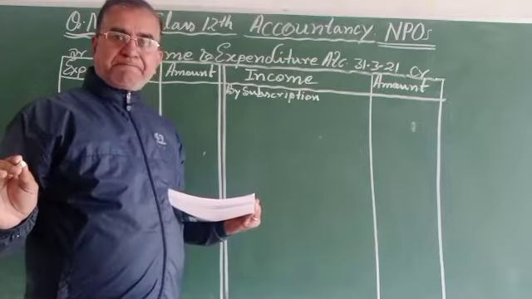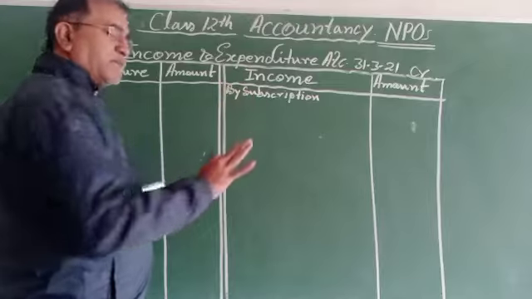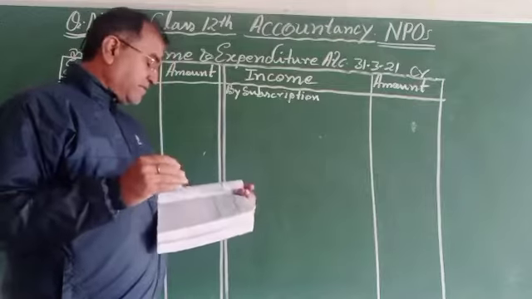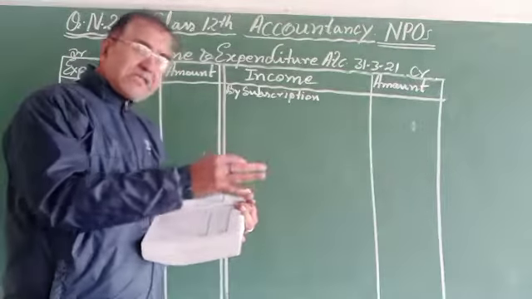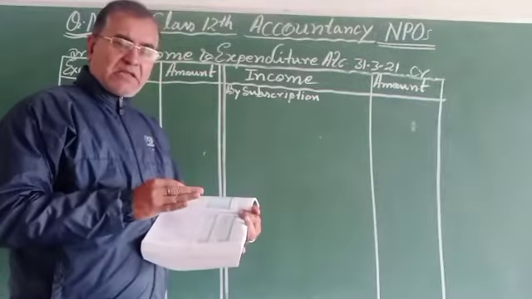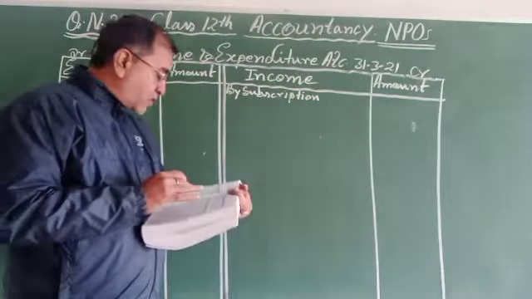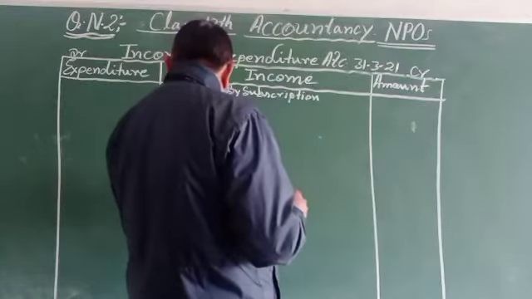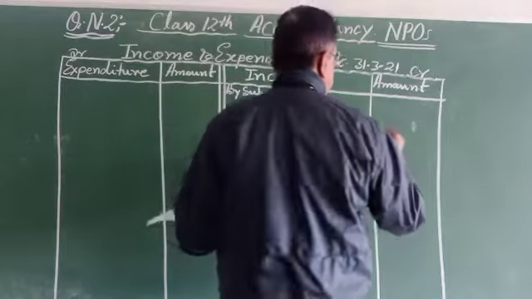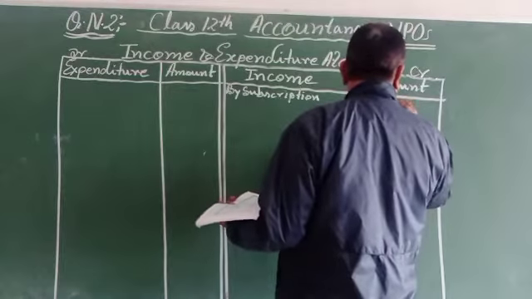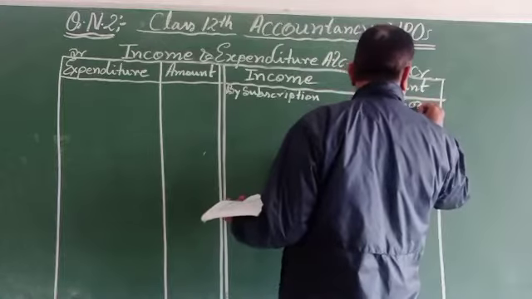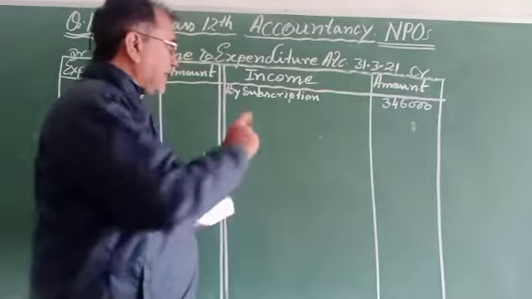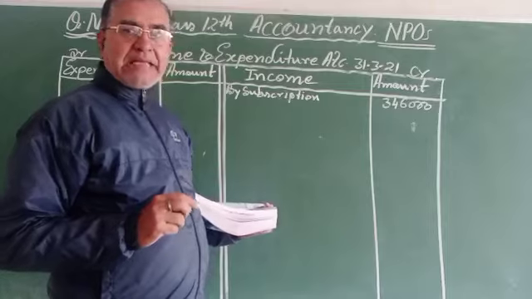You can see subscription of 2020-21 is given. Bifurcation means previous year's and next year's subscriptions are also given, so we have to consider 2020-21, which is 3,46,000. It will be mentioned in the amount column.